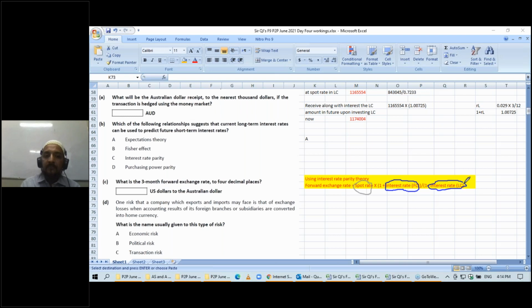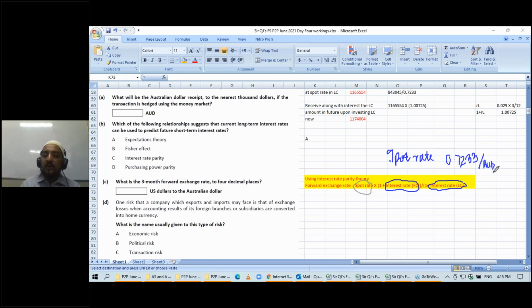Now this is similar to our spot rate. Our spot rate is written like this. In this question the spot rate is 0.7233, and this 0.7233 is the rate of the Australian dollars, AUD, right?